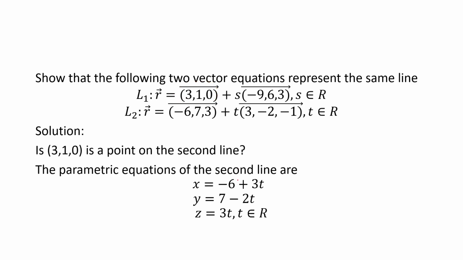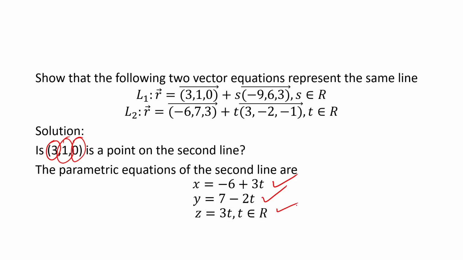So we ask the question, is it a point on the second line? What we're going to do now is let the parametric expression for x equal 3, let the parametric expression for y equal 1, and let the parametric expression for z equal 0.